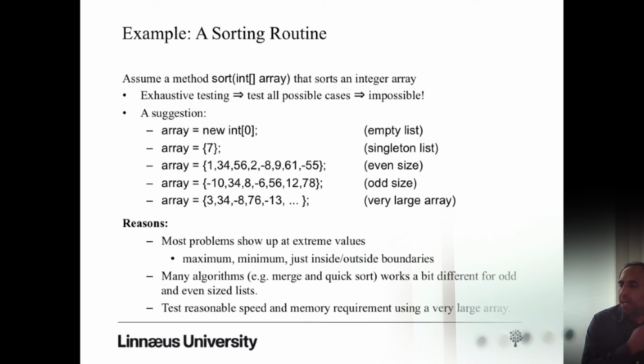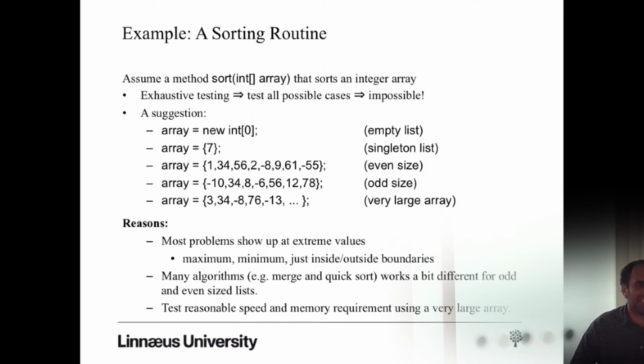Then we have an example. Say you have a sorting method, which takes an integer array and returns the array in a sorted fashion. It's almost impossible to test this kind of method for all possible input data.